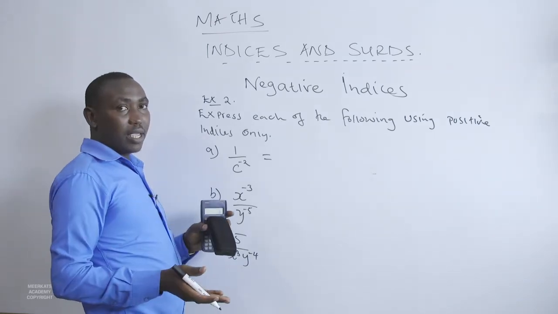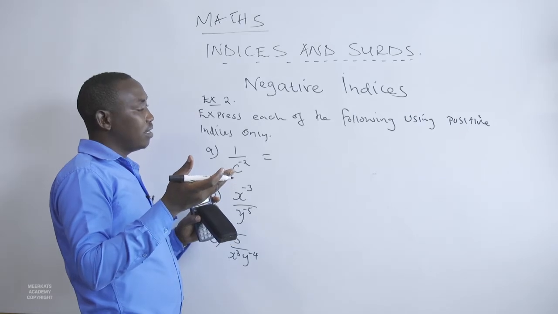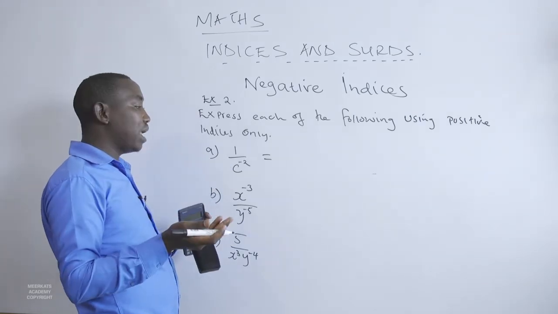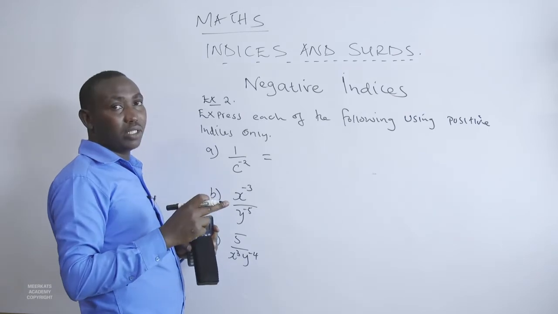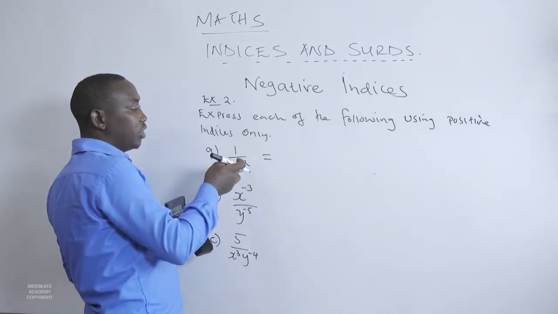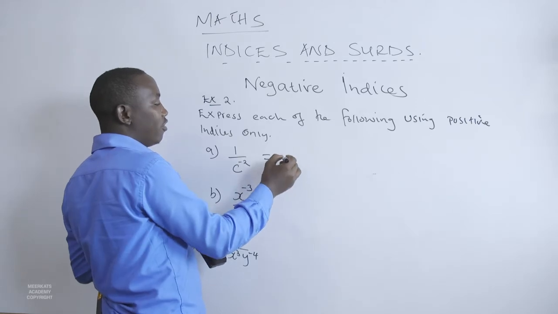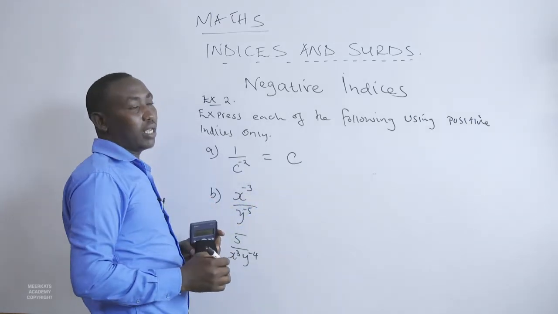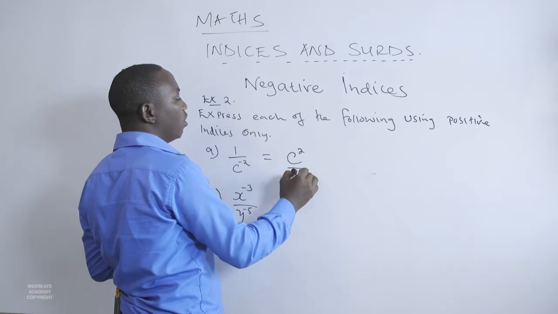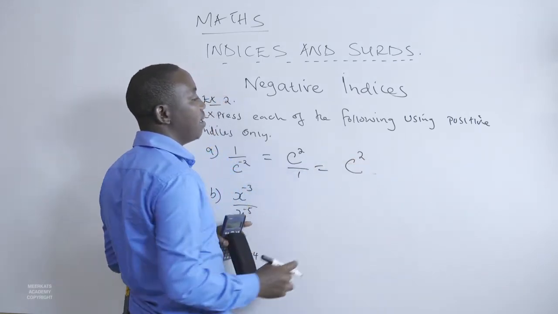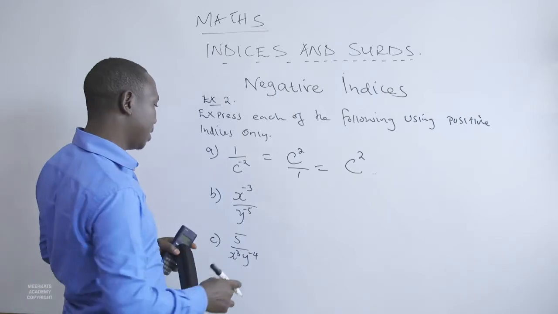The numerator and denominator swap places, and when they swap places, their powers change to positive. So the reciprocal of 1 over c will be c raised to the power of 2 all over 1, which will simply be c raised to positive 2.